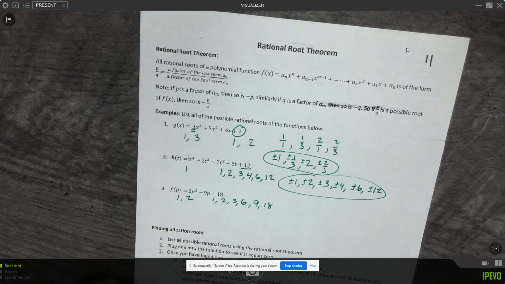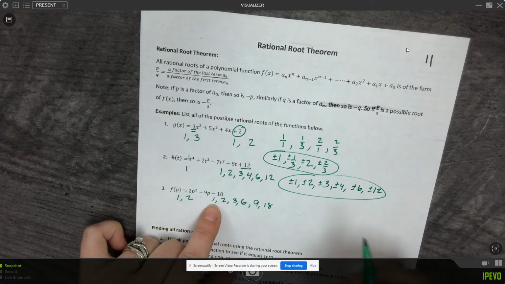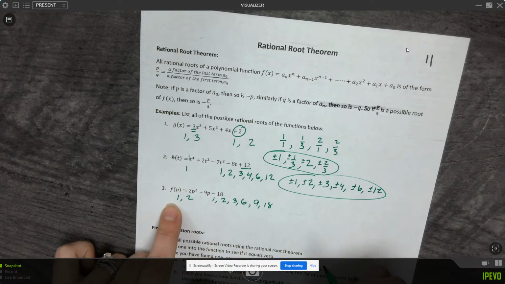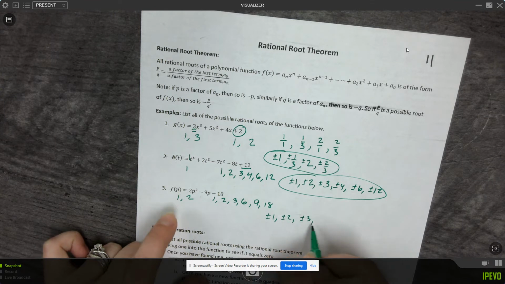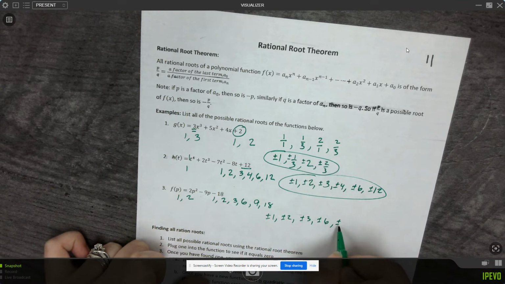Okay, a little longer list here. So the first thing is I'm going to take all of these and divide them all by 1. That gives me plus or minus 1, plus or minus 2, plus or minus 3, plus or minus 6, plus or minus 9, plus or minus 18.